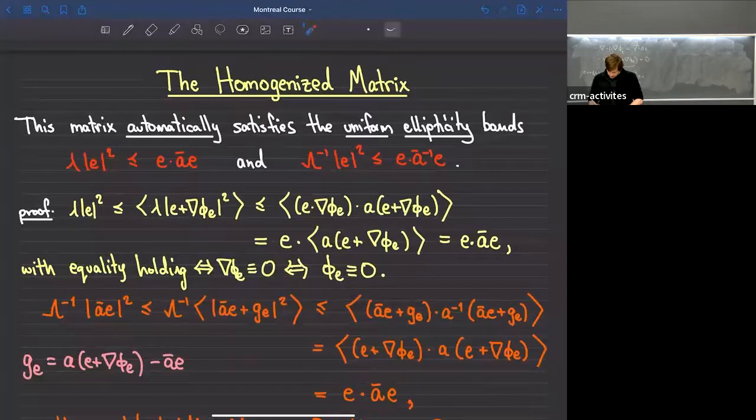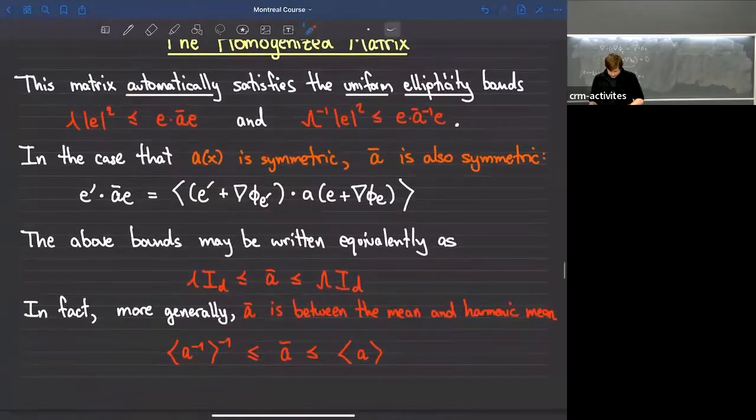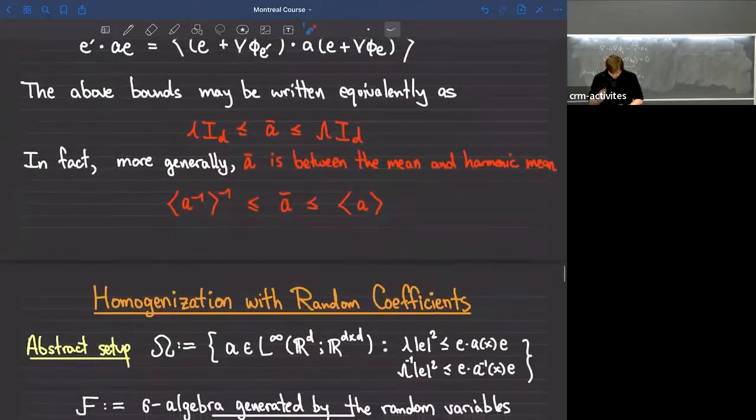You can mess around and get E dot average of AE, and there's a way in that calculation to recover this more general fact, which says that the symmetric matrix is between the harmonic mean and the mean. Actually, did I write this in the wrong order? Which one's bigger? Yes, that's right. The inverse. Okay, good.